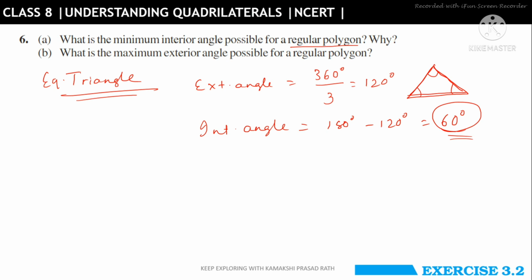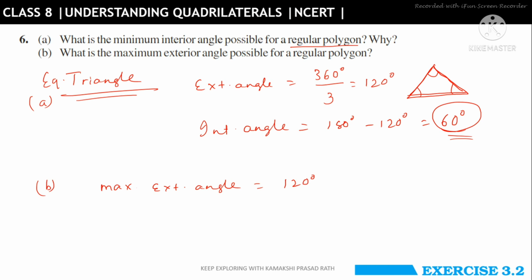Next, what is the maximum exterior angle possible for a regular polygon? Again the same way. As we saw already, the maximum exterior angle possible is 120 degrees.